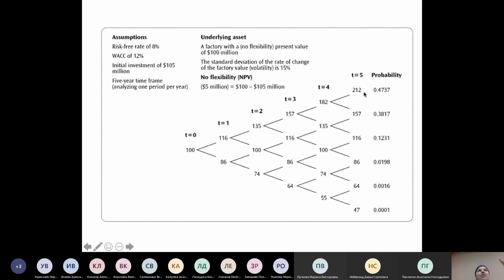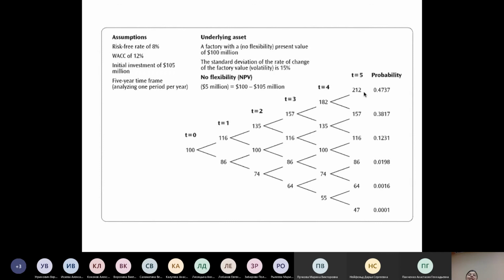In other words, the return for the 4th period of time, our expected cash inflows in the 5th period of time, multiplied by the probability of the growth plus the negative scenario, will give us 182.